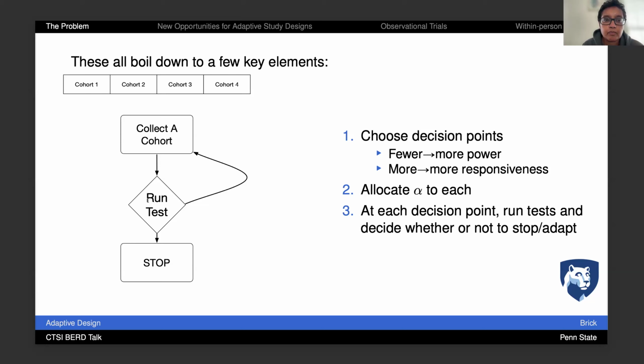But it can ask things like, do we need so many people for this that there's no way we're ever going to find a result? We're powered to collect up to 200 people, and the new power analysis tells us we need 1,500 to have an 80% chance of finding anything. At that point, you want to say, okay, back up. Let's do something different here. But that's much more qualitative, what you do with the interim power analysis.